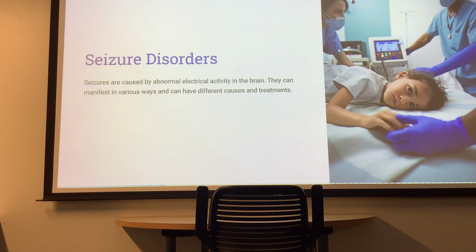But what do you also risk while doing that? Damage, right? So then we could see some other neurologic effects because they're destroying a part of the brain, right? So depending on what part of the brain that controls, what are we going to see as far as the disorder moving forward? Okay. They manifest in various ways and have different causes and treatments.